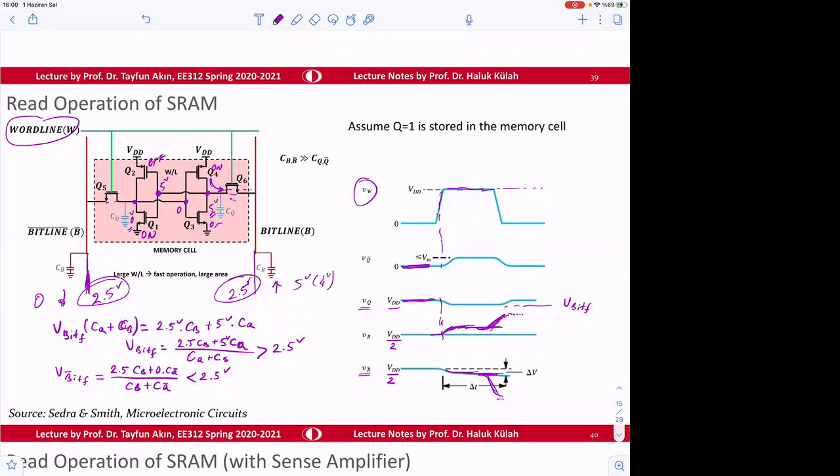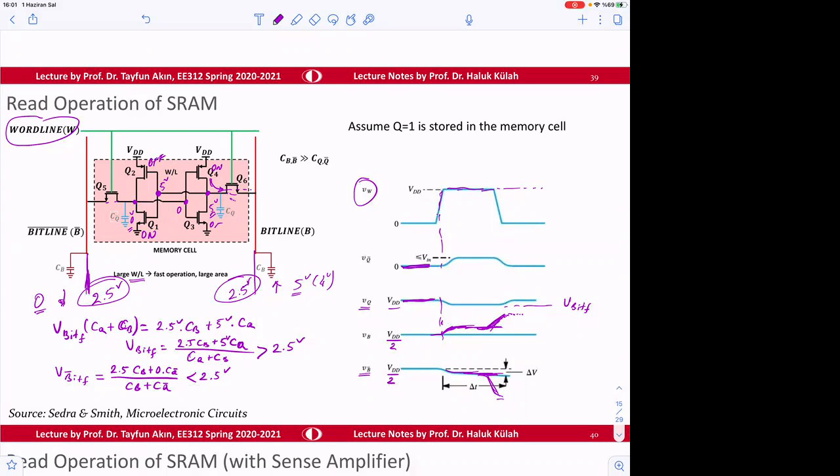But this takes a lot of time. If we make the W/L ratio of the transistor large, then it can go up quickly, and then go down quickly. But this is, in fact, a time consuming thing.